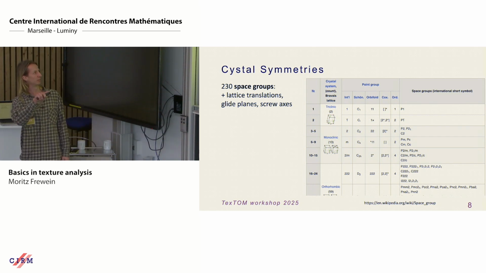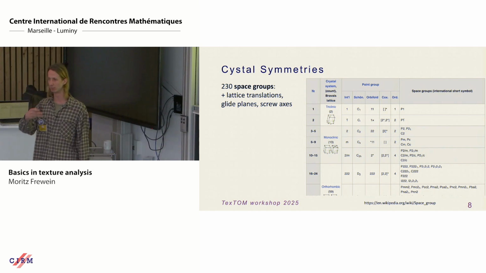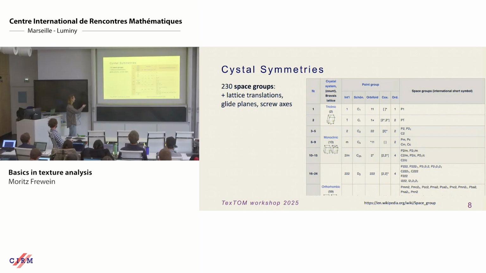And these have a number that goes up to 230, and it will be important for later for texture tomography that you're aware of what your space group is in order to simulate the right crystal.